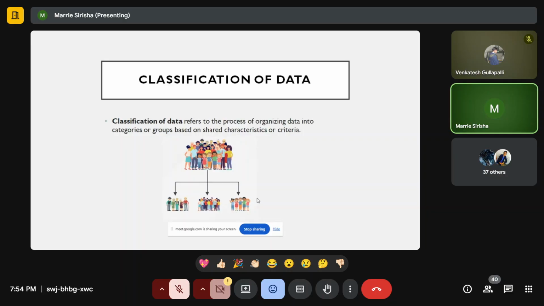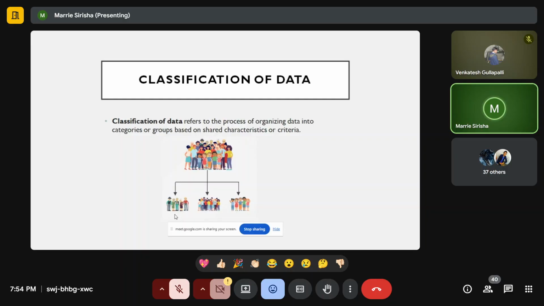If I want to classify children, they should be small, young, and have certain characteristics. Adults should be a certain height, young, obviously. I'm categorizing them as one category. Senior citizens, obviously, have gray hair, etc. So I'm classifying them as one category based on that.